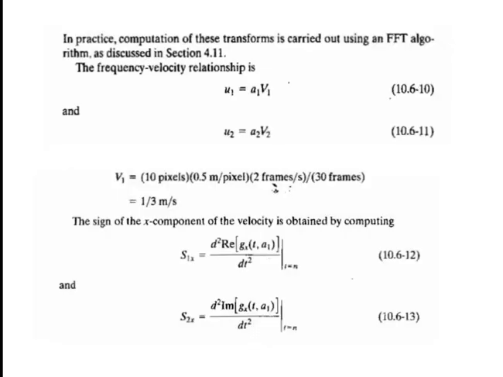In practice, computation of this transform is carried out using the FFT algorithm. The frequency velocity relationship is u1 is equal to a1 v1 and u2 is equal to a2 v2.